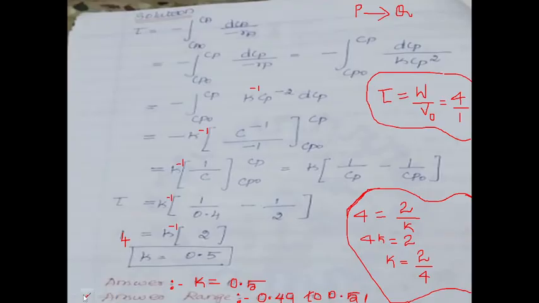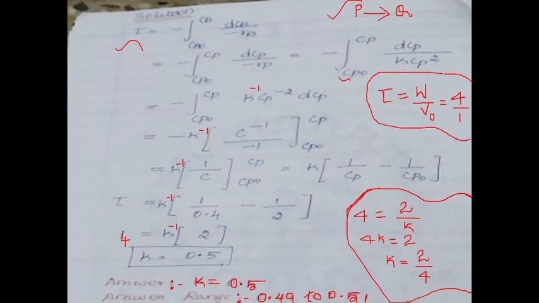Solution. The condition is a plug flow reactor. Plug flow reactor formula: tau is equal to minus integration of Ca0 to Ca dCa by minus Ra. Our reactant is P, so it becomes minus integration of Cp0 to Cp dCp by minus Rp.